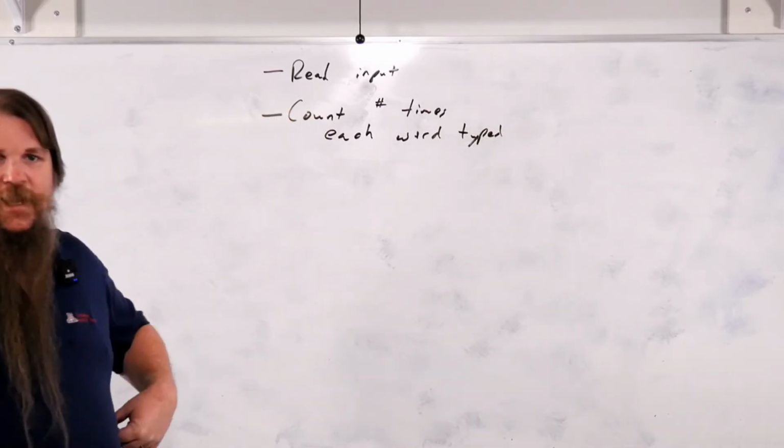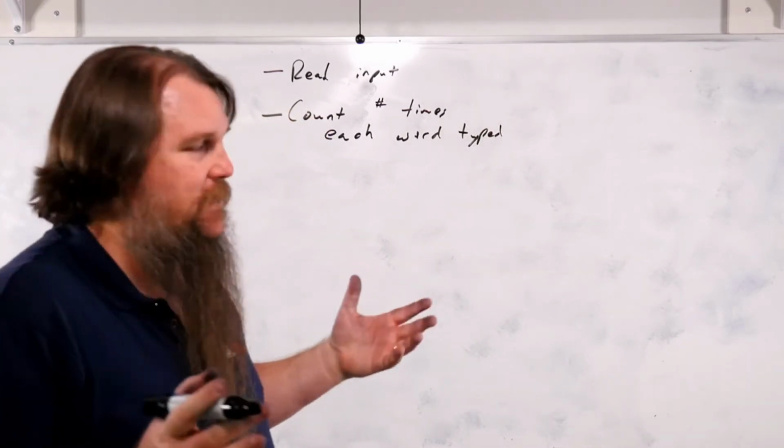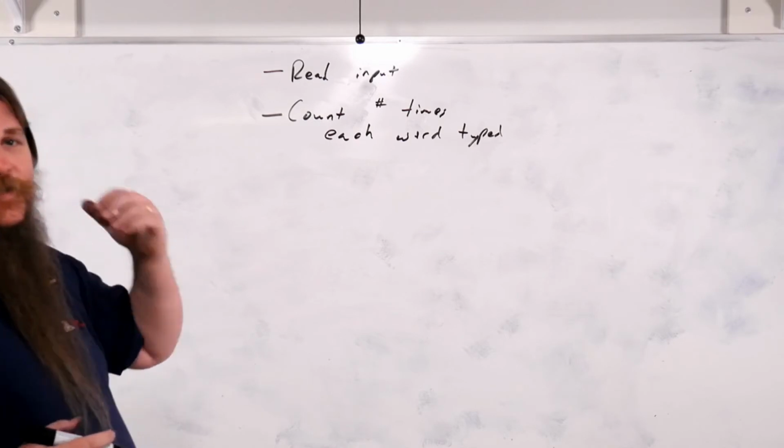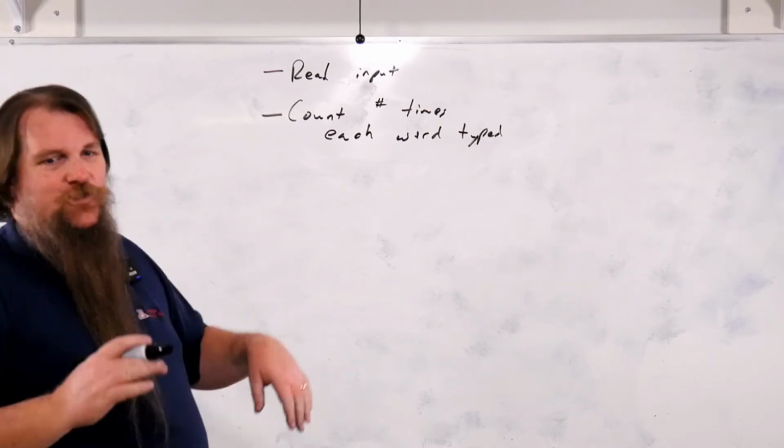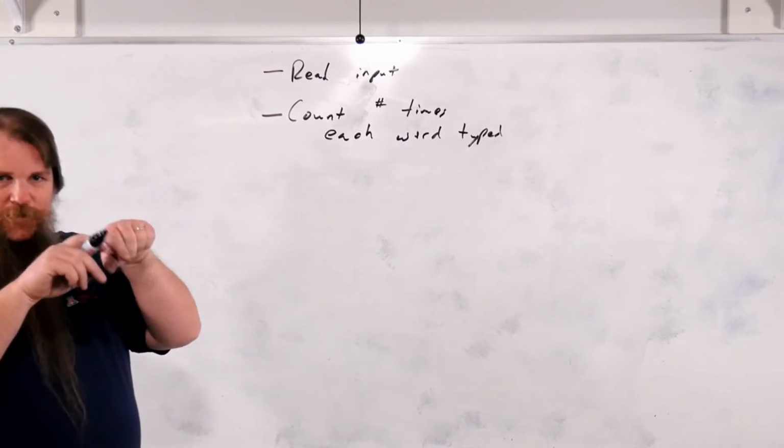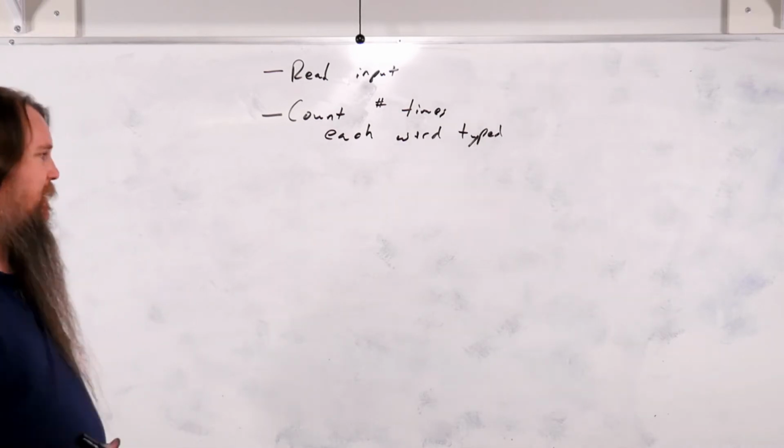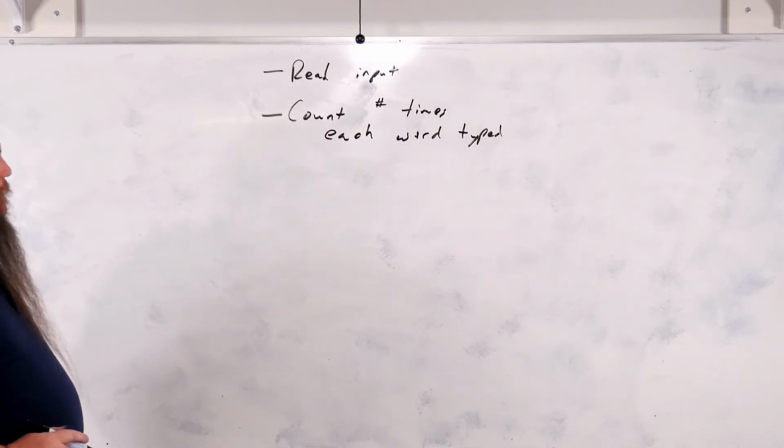And for simplicity here, we're not going to try to split the lines up. We're not going to do even strip. We're just going to assume somebody's typing just plain words on the input.